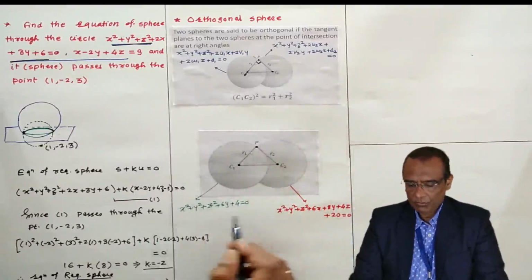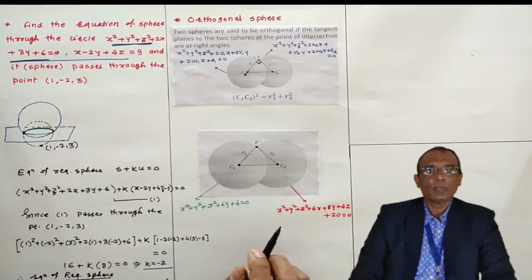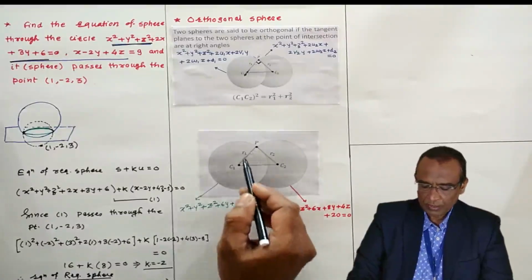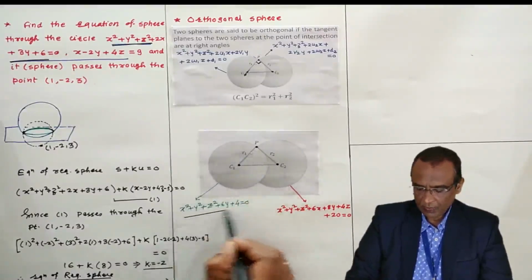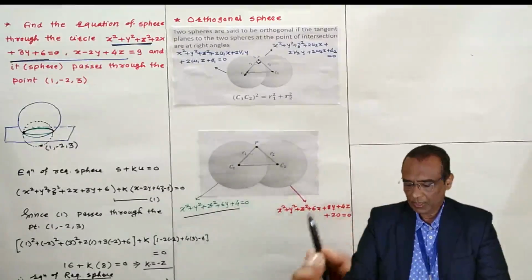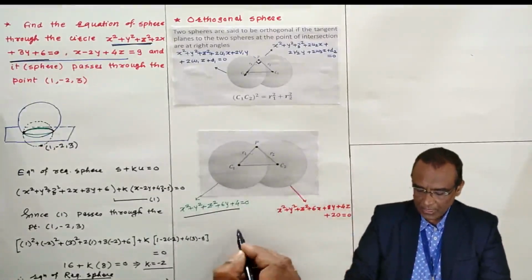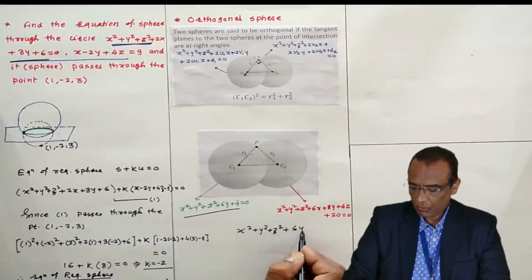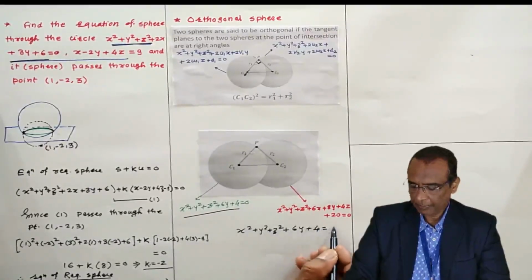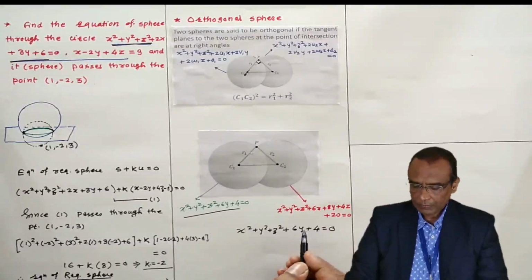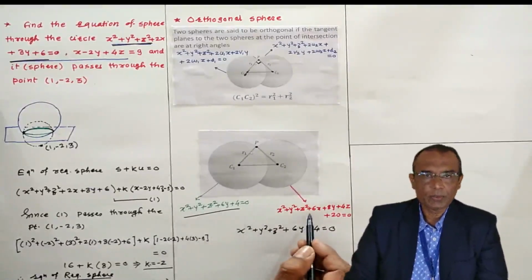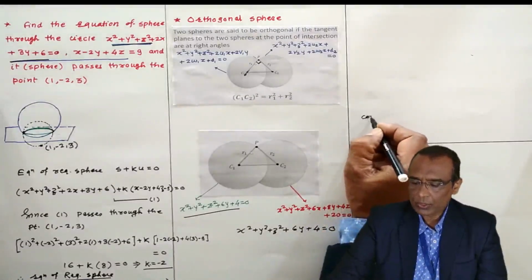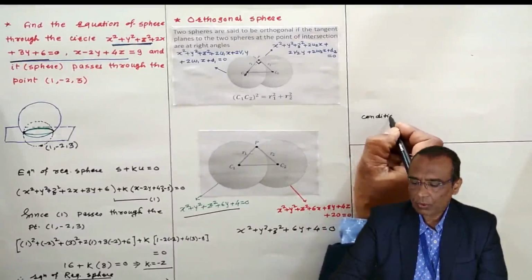Now in this problem we are going to check whether these two spheres are orthogonal or not. This sphere is this one and the equation of this sphere is this one: x square plus y square plus z square plus 6y plus 4 is the equation of this sphere. When equations of spheres are given, we use the condition of orthogonality.